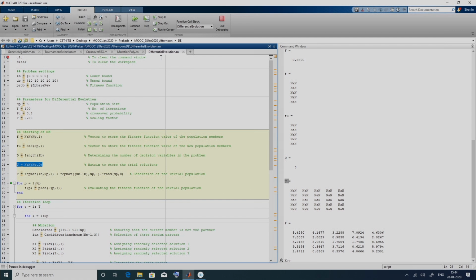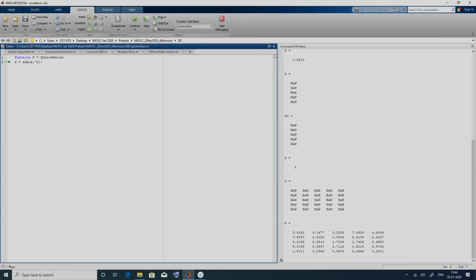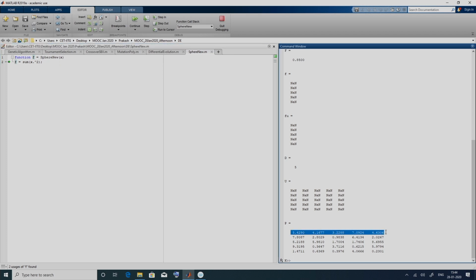So, once the population has been defined, we need to evaluate its fitness function, right. So, we are running this loop from 1 to NP. So, now it will go into the fitness function. So, again same thing, x is now the first row, as you can see the first row is 5.429 and these values. So, those values would be over here.